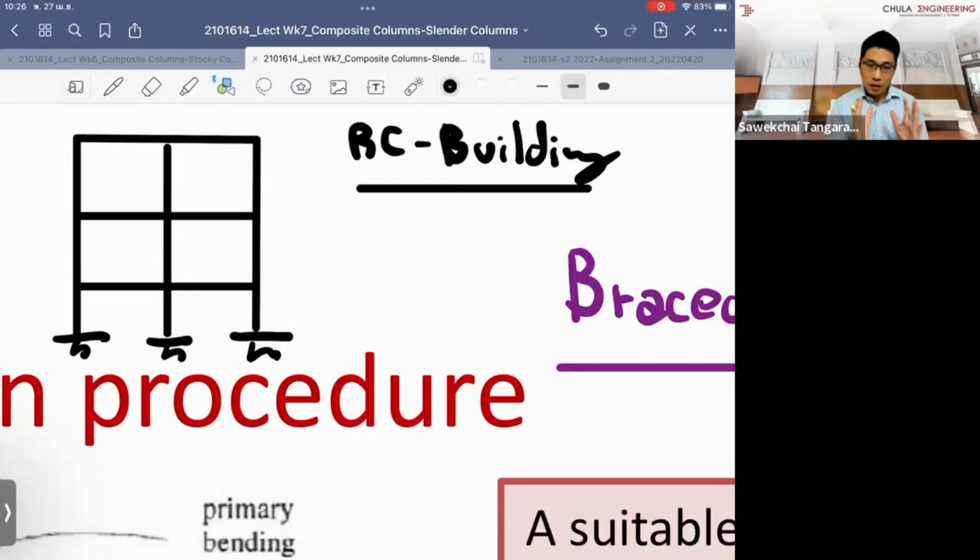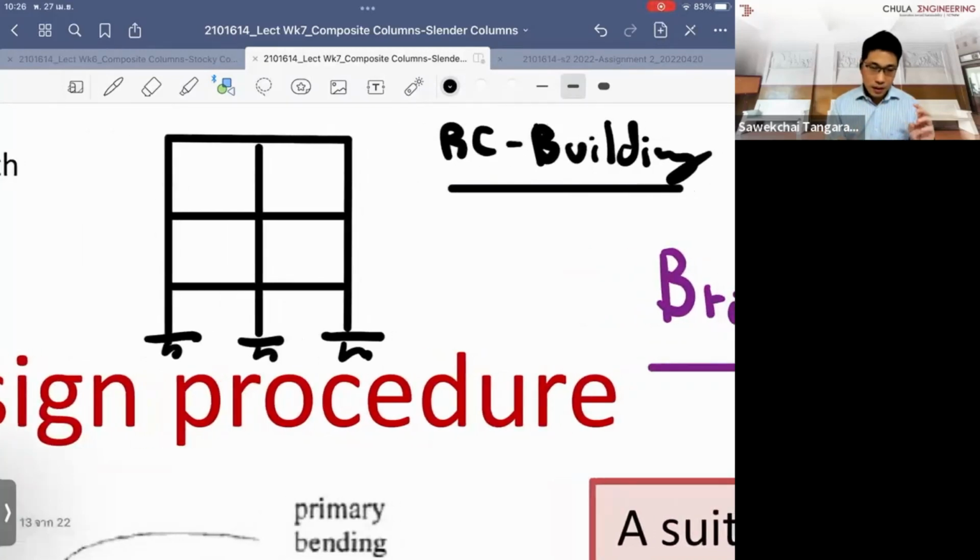You use any of the packages, and you use the line element, and you just give the stiffness, which is EI, according to the material you use. If it is reinforced concrete and you use the full capacity of the EI, you are just predicting the structure as having perfect stiffness.